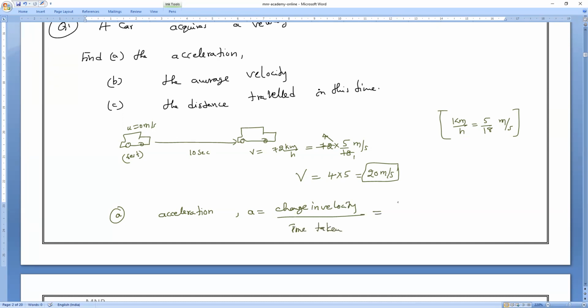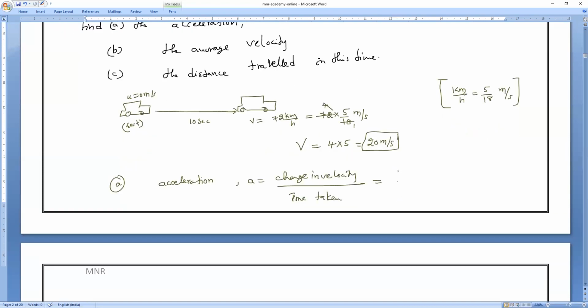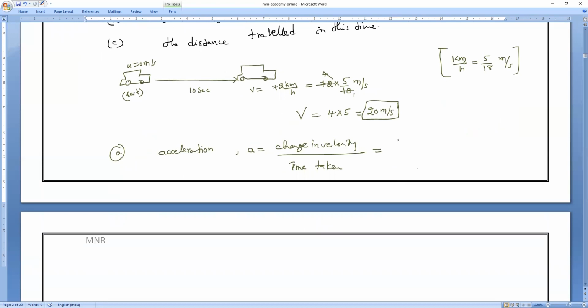Final velocity minus initial velocity by time, not initial velocity minus final velocity. So final velocity is 20, initial velocity is 0, time taken is 10.